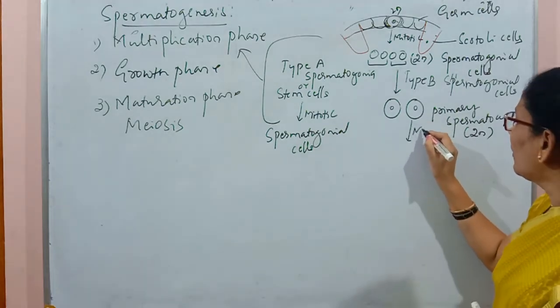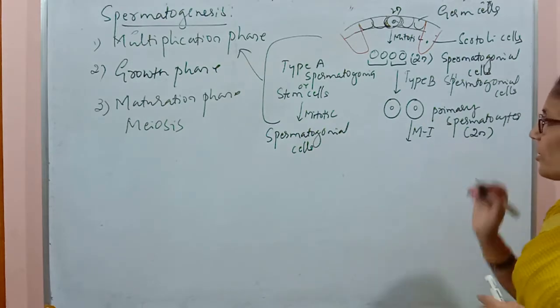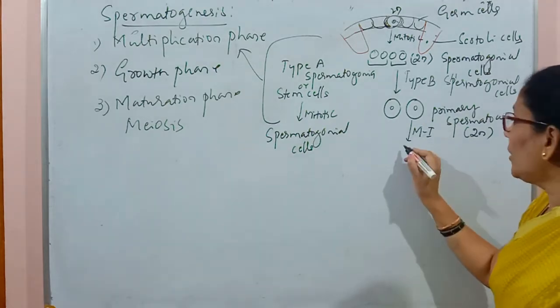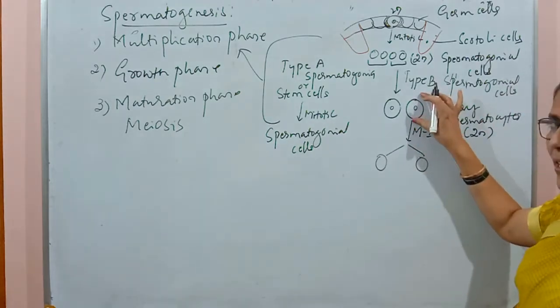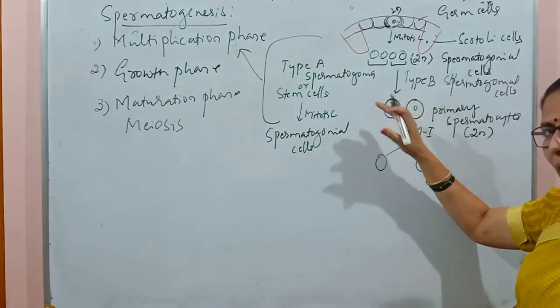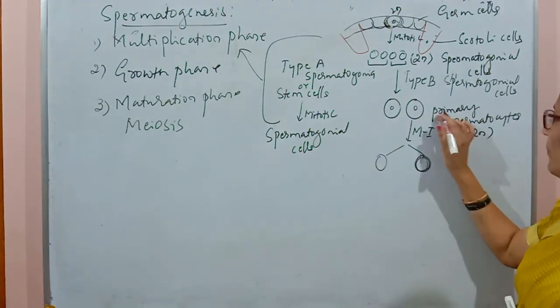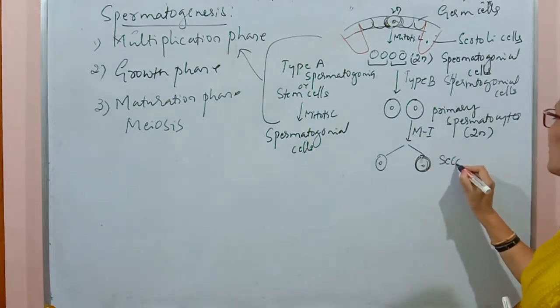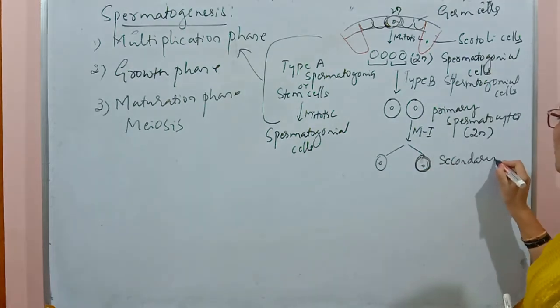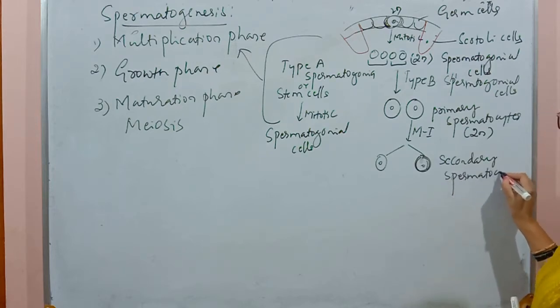It undergoes the first meiotic division. The first meiotic division results in two daughter cells, two daughter cells from one cell, and two daughter cells from another cell. These daughter cells formed by the primary spermatocytes are called secondary spermatocytes.